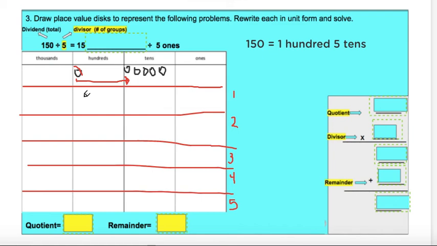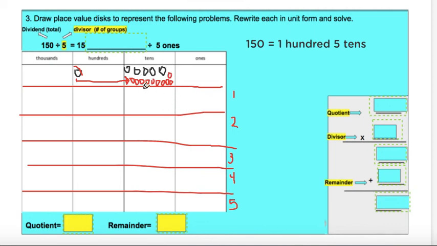How many fingers do you have up? Good. 10 fingers. So that means that there are 10 tens inside of 100. So we're going to draw 10 more discs in the tens, please.